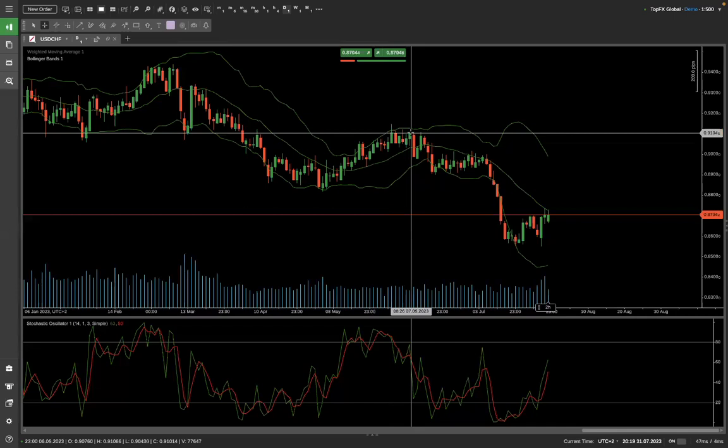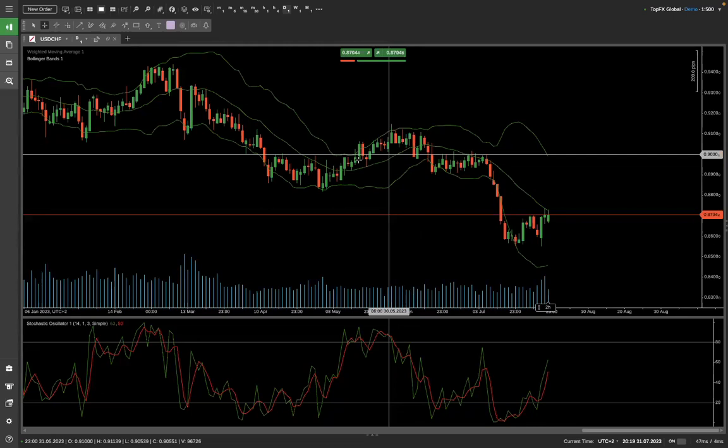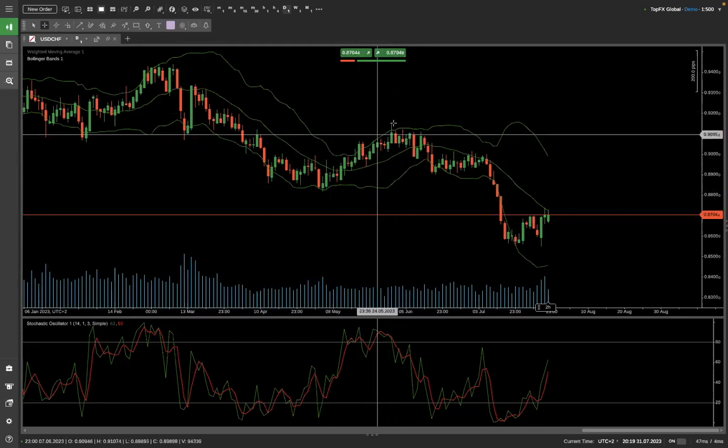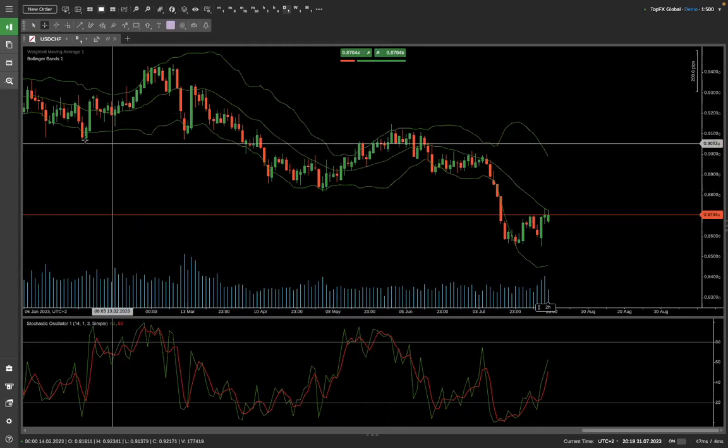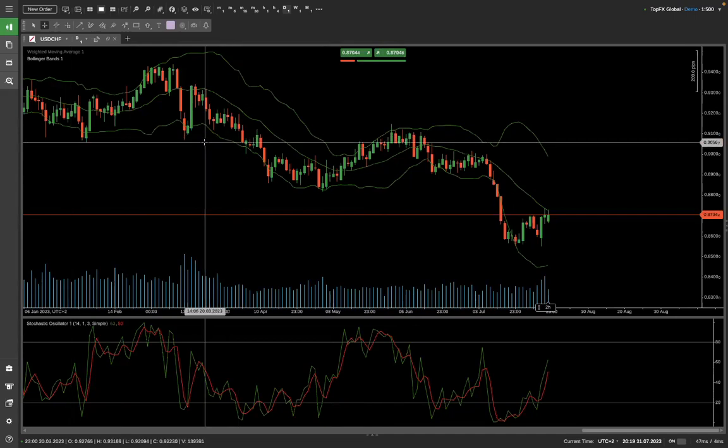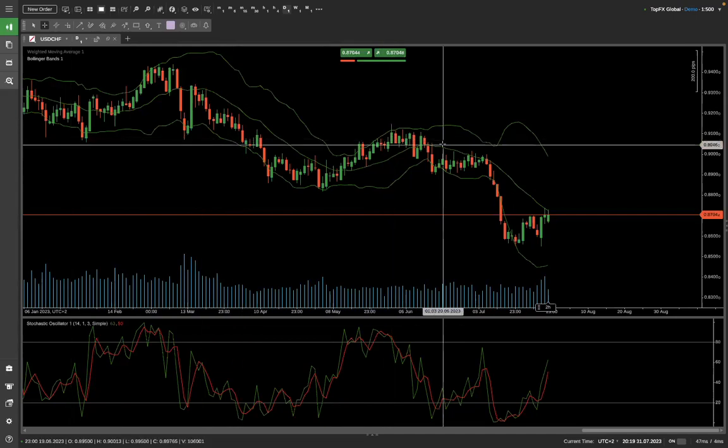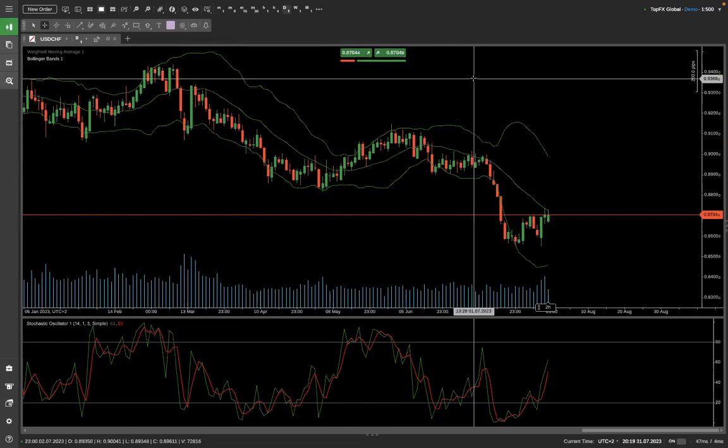So this ensures that if the trade goes against you, losses are minimized. For short trades, set the stop loss above the recent swing high or a substantial resistance level, okay? This protects your capital in case the trade moves in an unfavorable direction, okay?